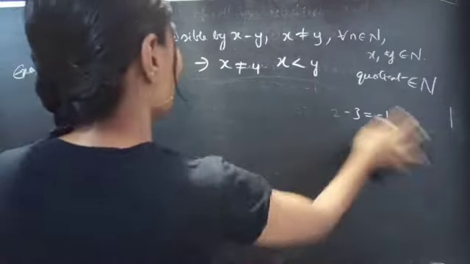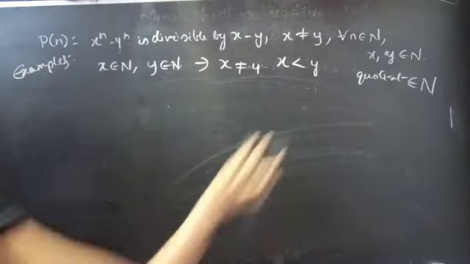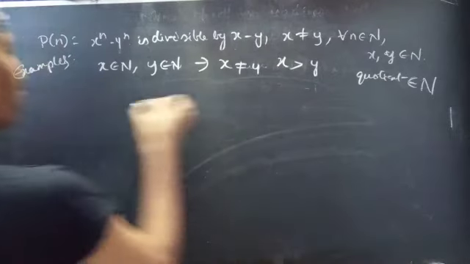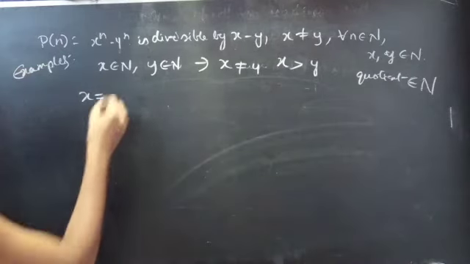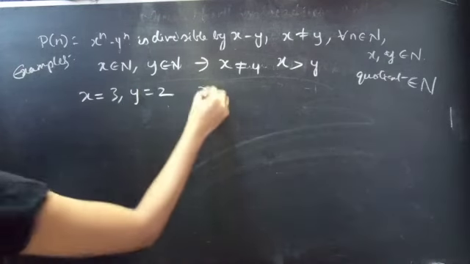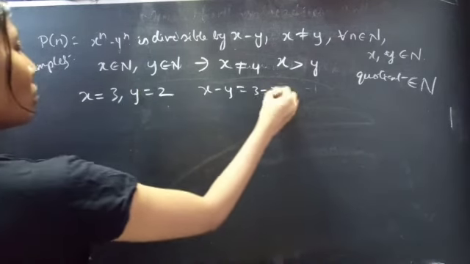So for our satisfaction, let's see another example. Let's choose x which is greater than y. Let x equal 3 and y equal 2. Then x minus y gives 3 minus 2 equals 1.